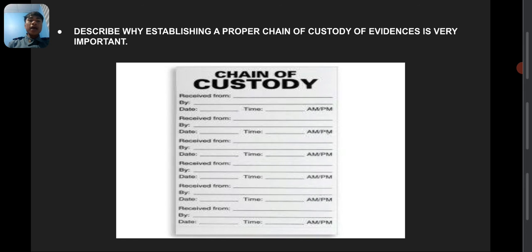To preserve the integrity of the evidence and prevent contamination, which can alter the state of the evidence if not preserved, the evidence presented in court might be challenged and ruled inadmissible. So, yan po kaya sobrang importante po ng ating chain of custody.